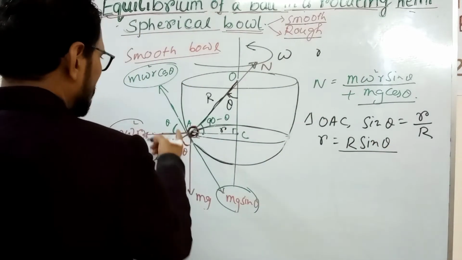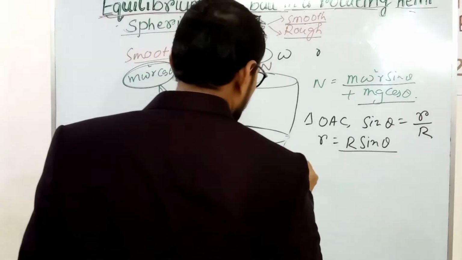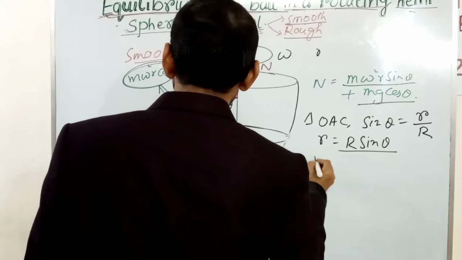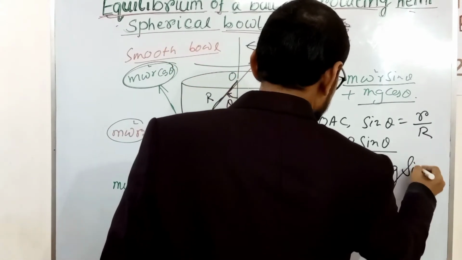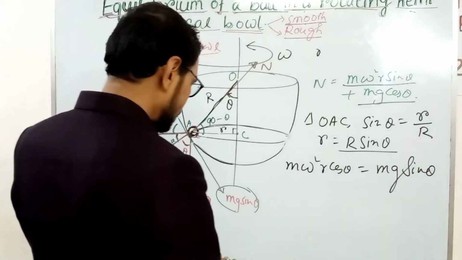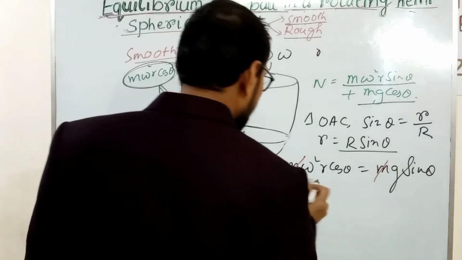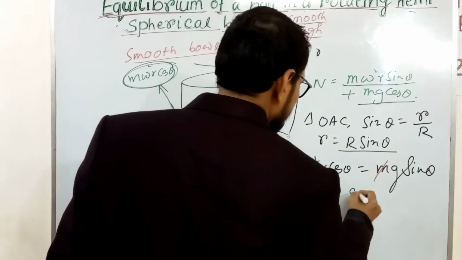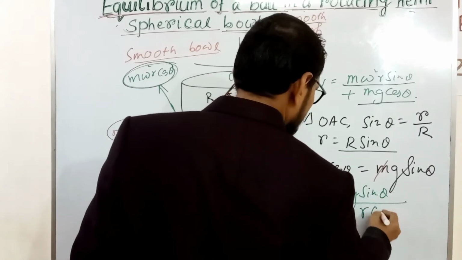Now for equilibrium of the ball, this force must be equal to this force. So m omega square r cos theta equals mg sin theta. Now cancel this. So omega equals root over g sin theta by r cos theta.